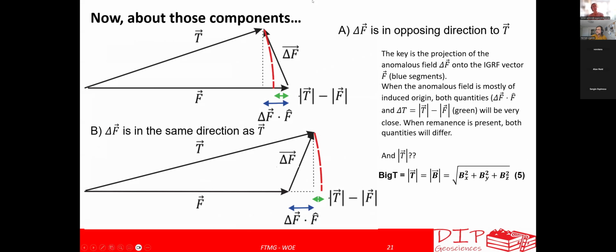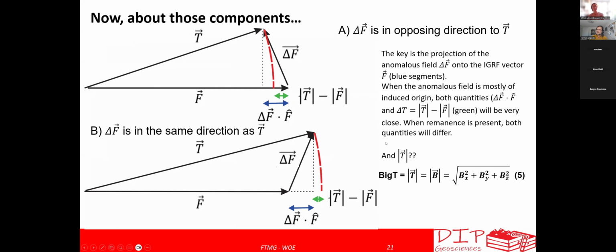And then what is the length of that vector? In Australia they normally refer to it as big T. So it's the length of that. There is a paper by Stavrev and Gerovska where they define this, and I can't remember how they call it, but it's defined there as well.